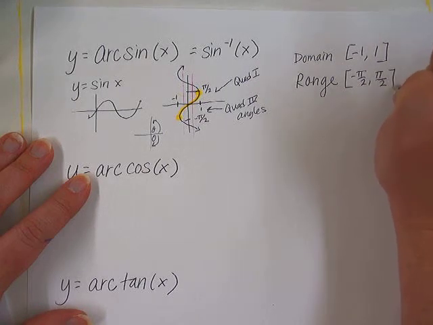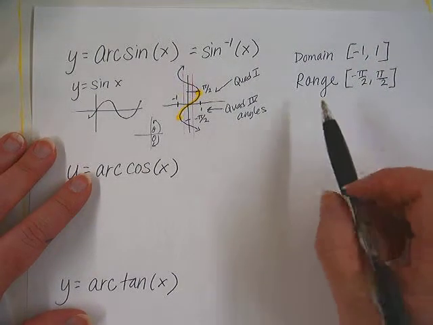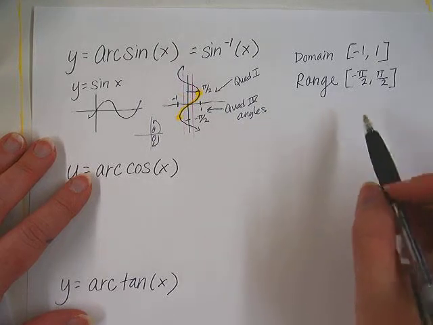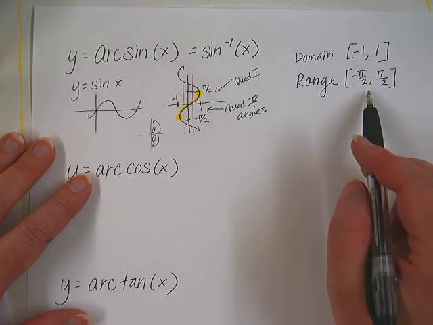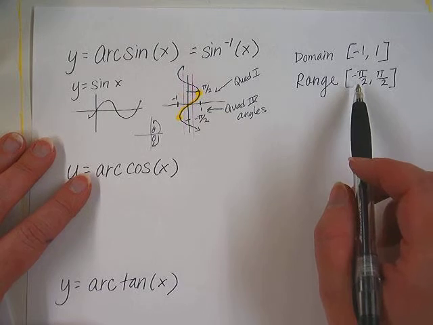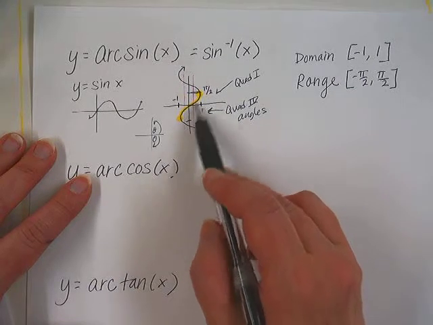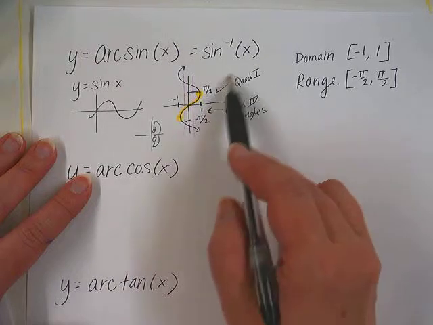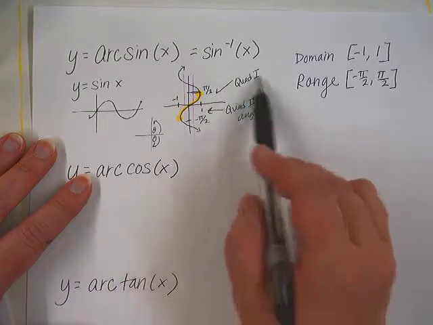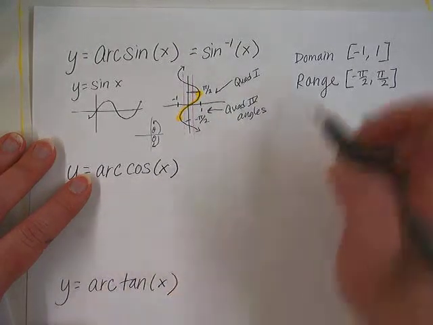For the actual sine function, the domain is all real numbers, but when we trade them, we cannot have all real numbers or it won't be a function. So we restrict it to just the numbers from -pi halves to +pi halves. And in other words, we're restricting our answers to only be in quadrant 1 and quadrant 4.